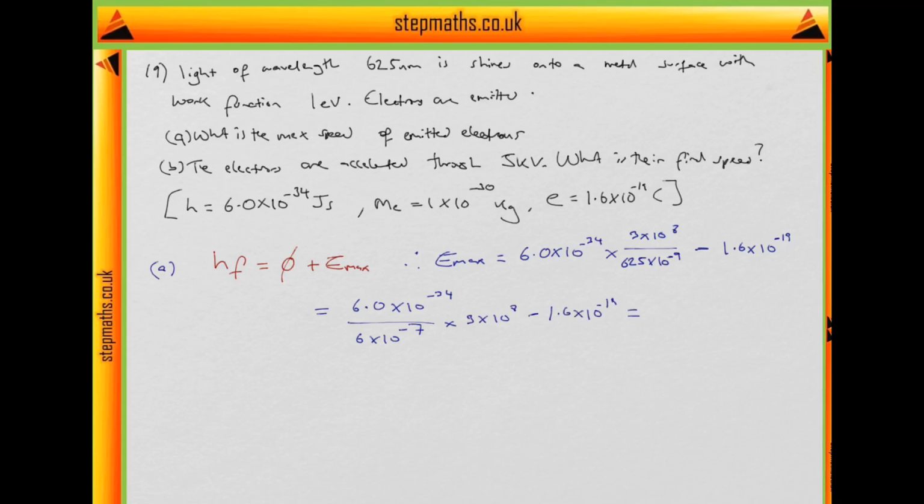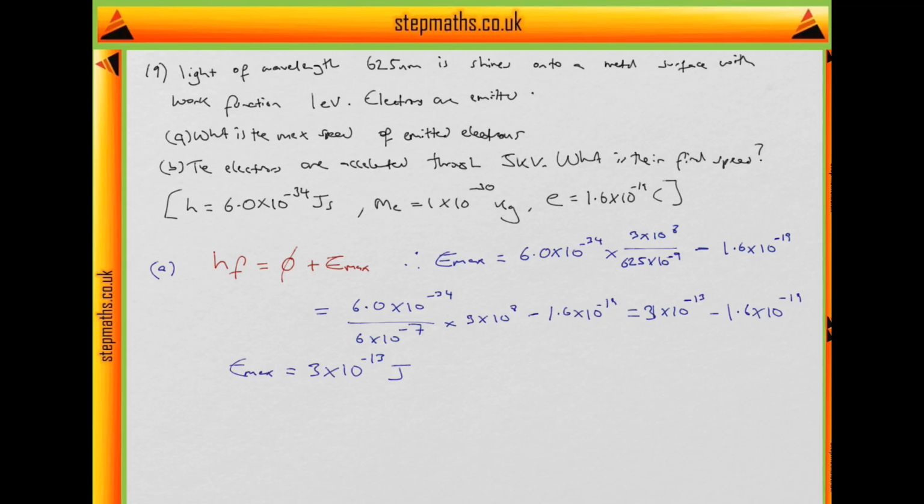Well, that's equal to 1 times 10 to the minus 21 times 3 times 10 to the 8. That's 3 times 10, and the 8 added to the minus 21 gives us minus 13, minus 1.6 times 10 to the minus 19. And the 1.6 times 10 to the minus 19 is absolutely minuscule compared to this. So we see the maximum kinetic energy, Emax, is going to be equal to 3 times 10 to the minus 13 joules.